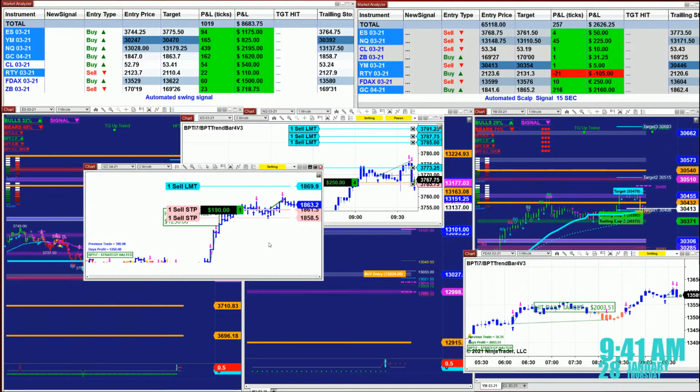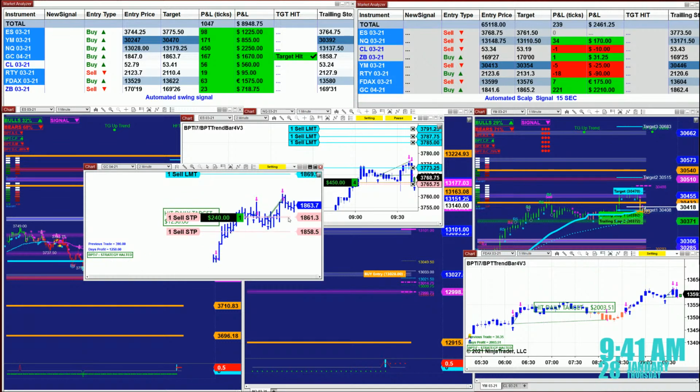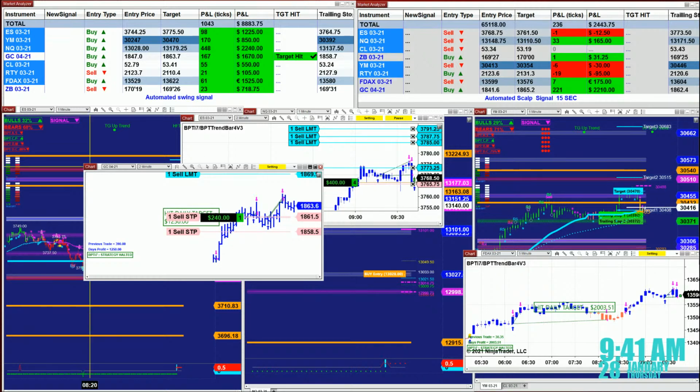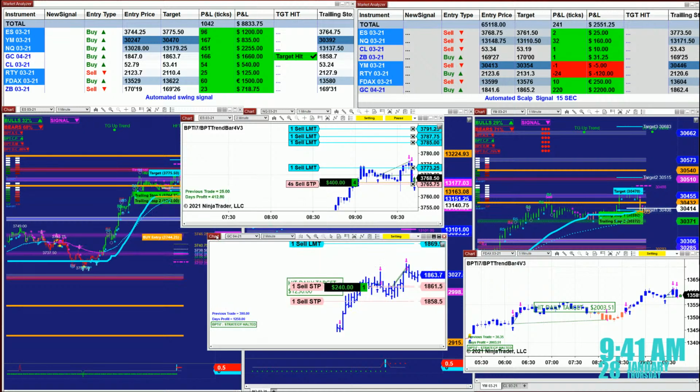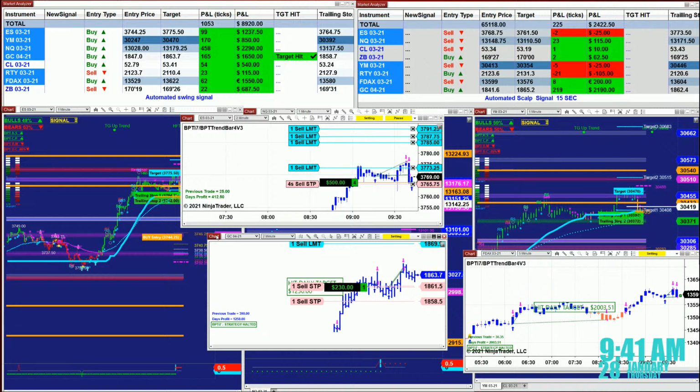Now, if we look at this one here, you can see there is a trailing stop on this one. You can have an automatic stop on it. So there are two options where you can use a trailing stop. You can put it on 0 and let the system work, and there is a reversal signal.